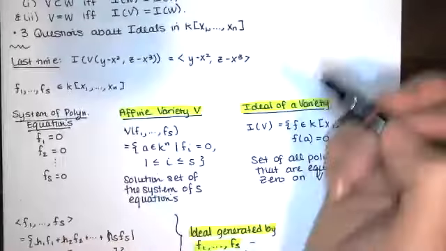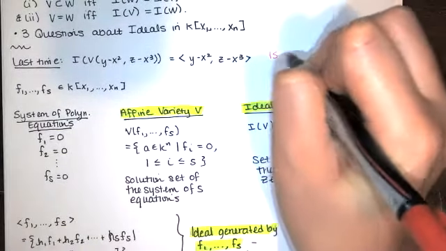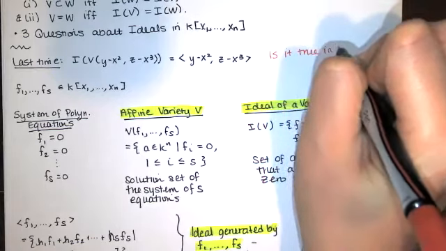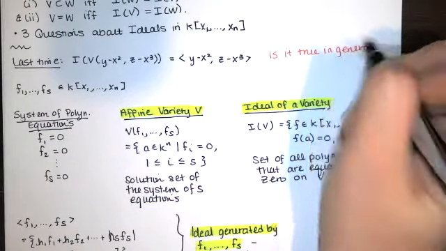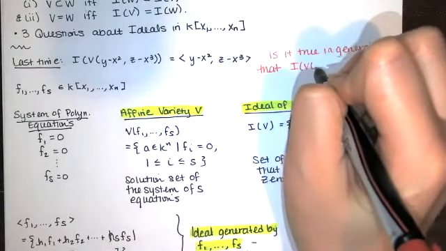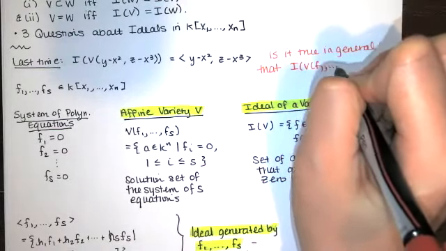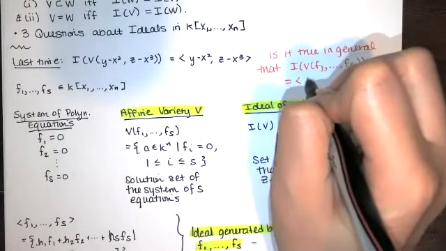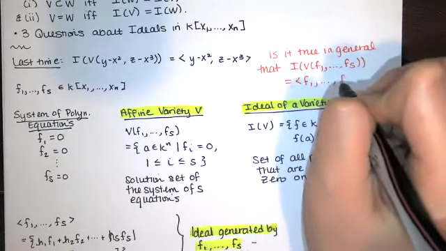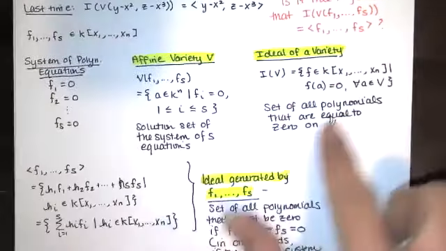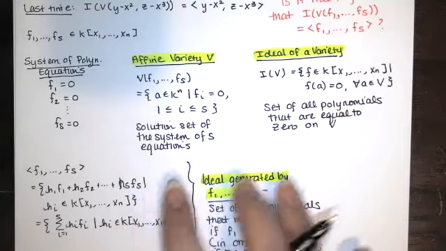is this true in general? Is it true in general that the ideal of the variety defined by the polynomial functions f sub 1 through f sub s is equal to the ideal generated by the polynomials themselves? Is this set always equal to this set?